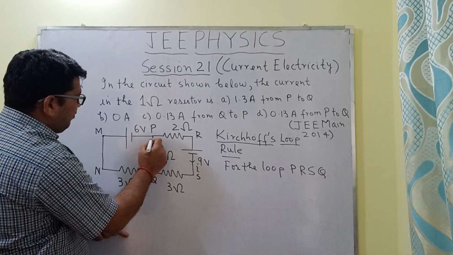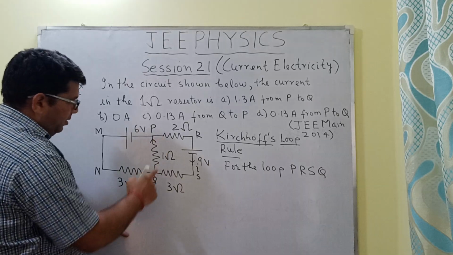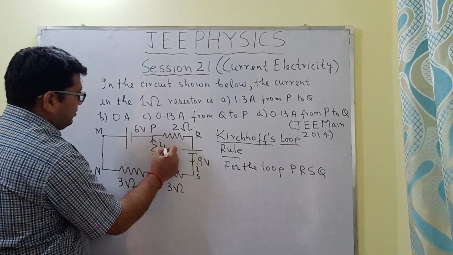Now let us say the current which is flowing through this 1 ohm resistor is I1.